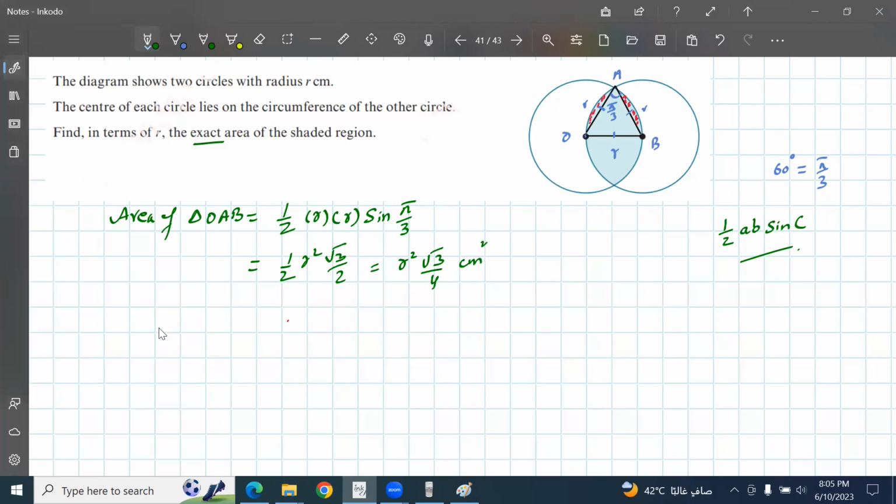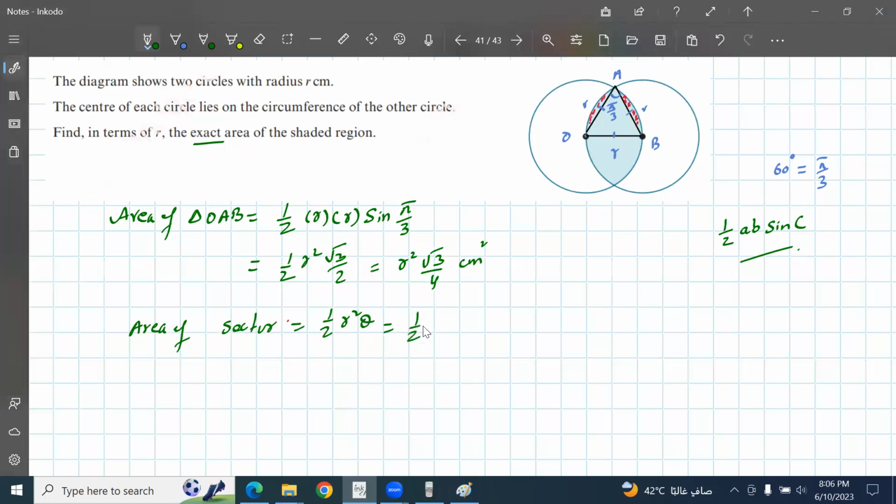Now I will try to find the segment area. How to find segment area? Area of sector gives you the full area, and minus the area of triangle, you will find the segment part. So I will find the area of sector, which gives me 1 over 2 r squared theta.